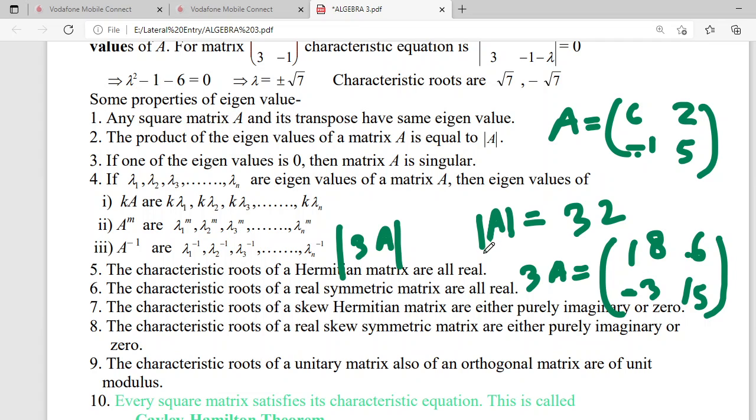So this is 3 square. So this is equal to 3 square into determinant A.